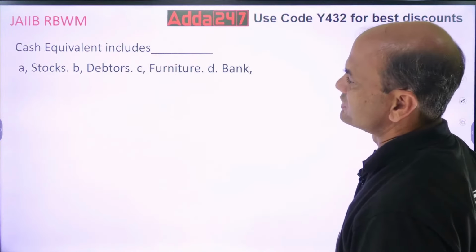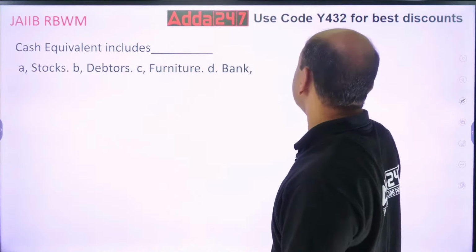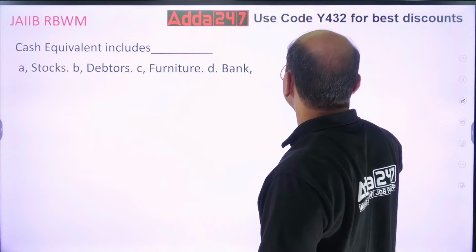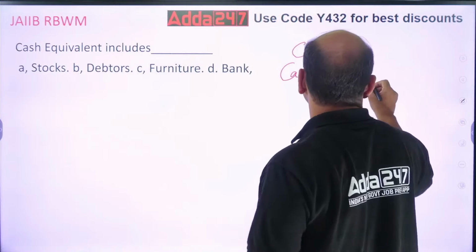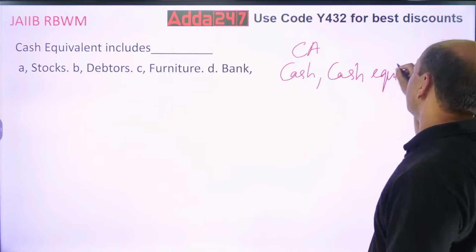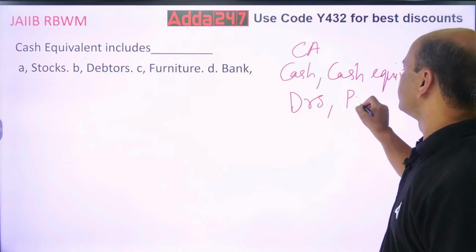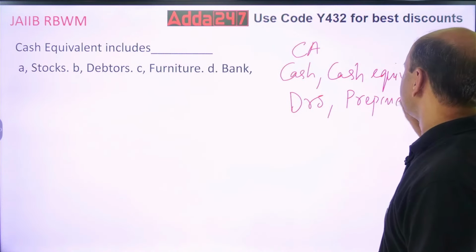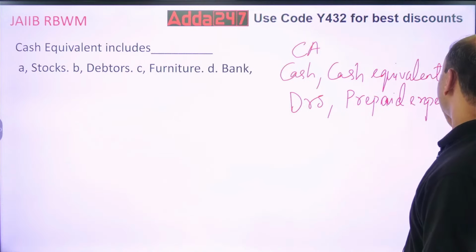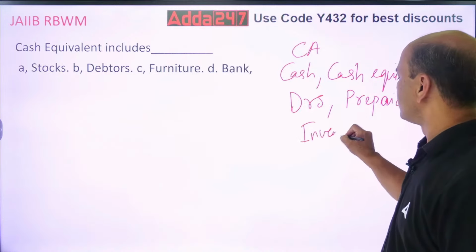Cash equivalent includes. Now, where does this term come? Cash and cash equivalent. It's a part of your current assets. We have cash equivalent, then you have debtors, then you have prepaid expenses, and then, if it's a business, you have inventory.